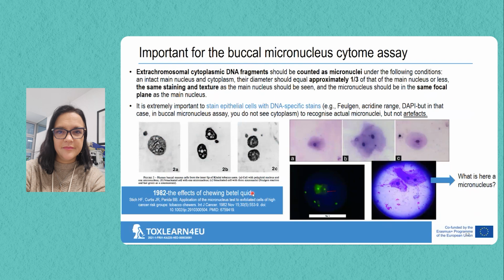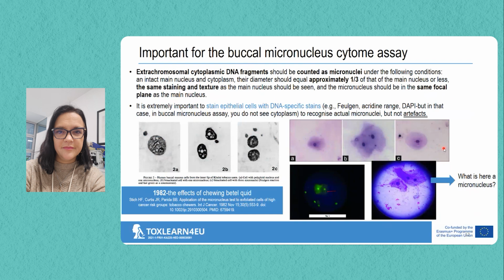that has examined the effects of chewing metal quick. So that means some types of smoking or tobacco use in lymphocytes, but also in cell cultures. And the problem from that time until now was also the staining, because people have used DNA stains, but not DNA-specific stains.